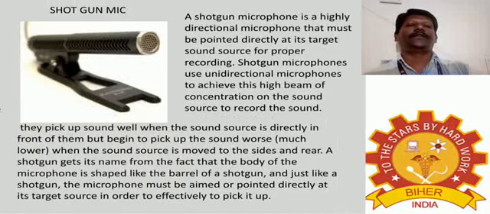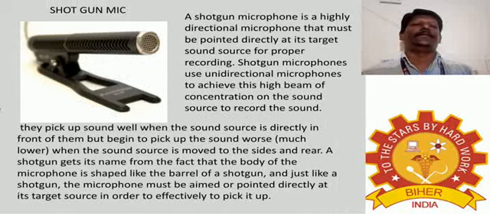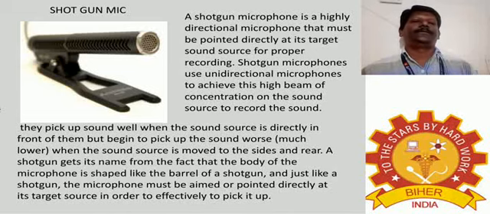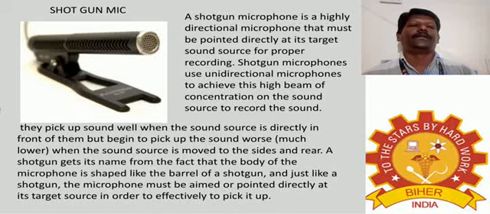Next, shotgun microphone. A shotgun microphone is a highly directional microphone that must be pointed directly at its target sound source for proper recording. Shotgun microphones use unidirectional microphones to achieve this high beam of concentration on the sound source.